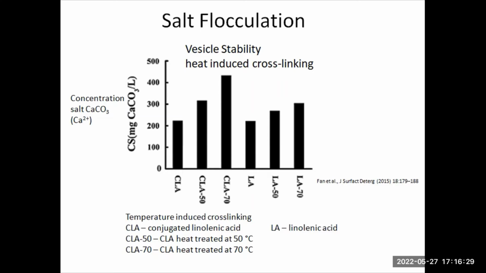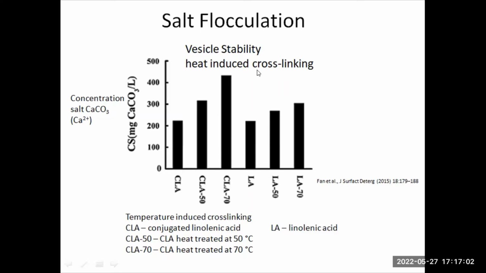Now, if we allow cross-linking by heating the system, this is an experiment that these guys did, heat the system to 50 degrees centigrade, and then we can see that we have vesicle stability to about 310 milligrams per liter.